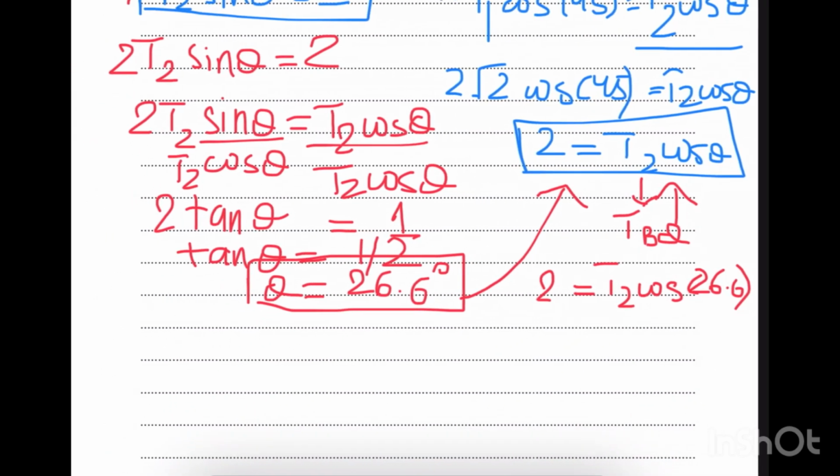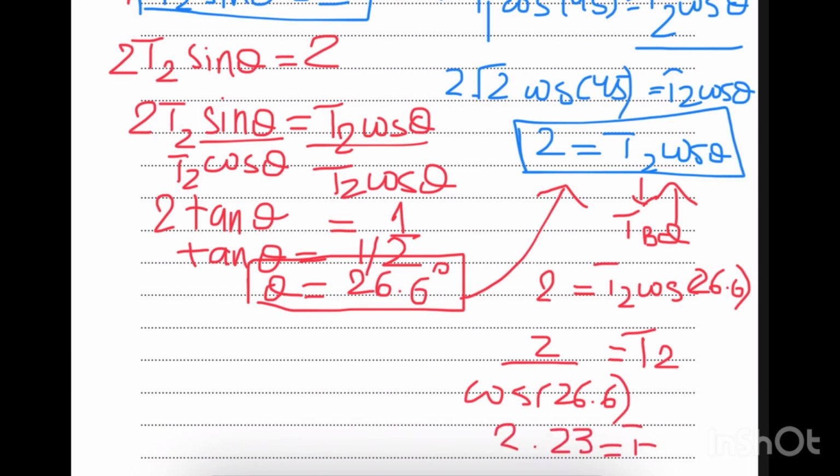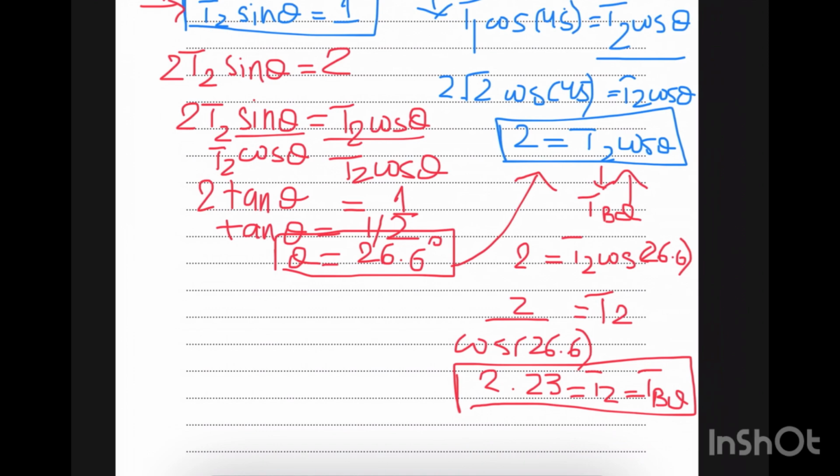In order to find out the value of the tension, we need to divide 2 by cos 26.6, and that is equal to 2.23. So with that we have the answer. One is the value of theta over here, and the other is the value of the tension in BQ.